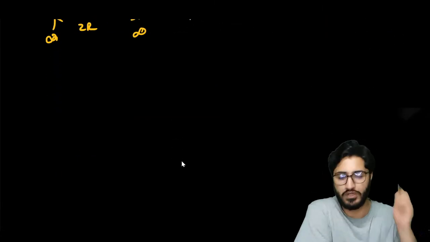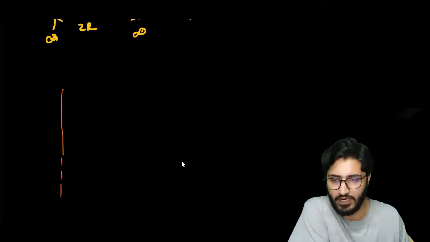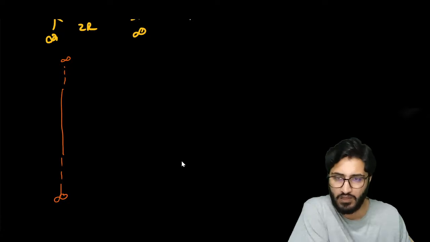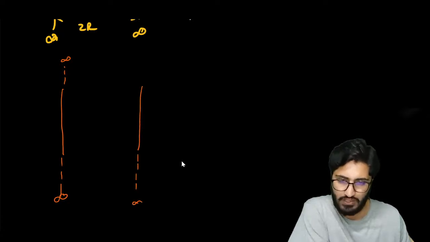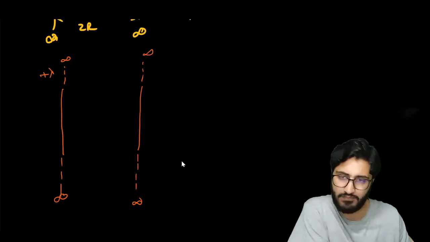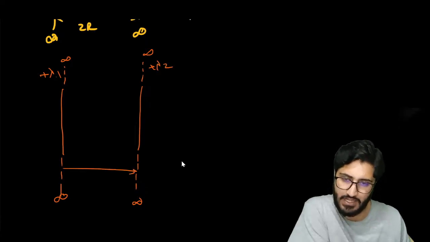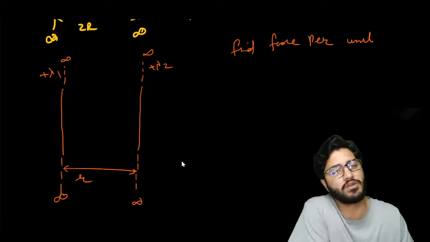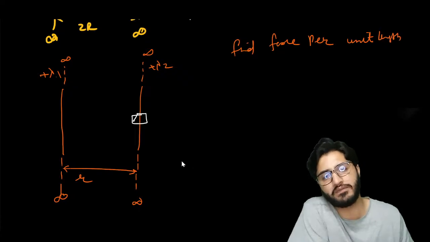Look, one infinite length rod with plus lambda 1, and another with plus lambda 2. The distance between them is r. Find the force per unit length. If I take a small element here, its length is dl and its charge is dq.